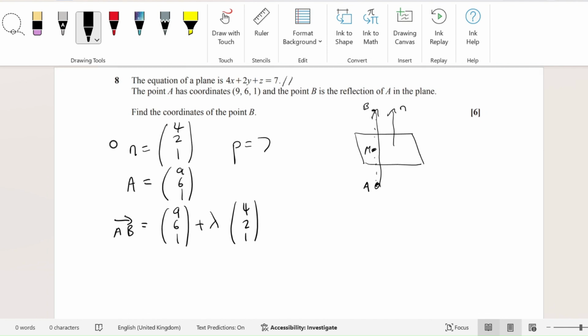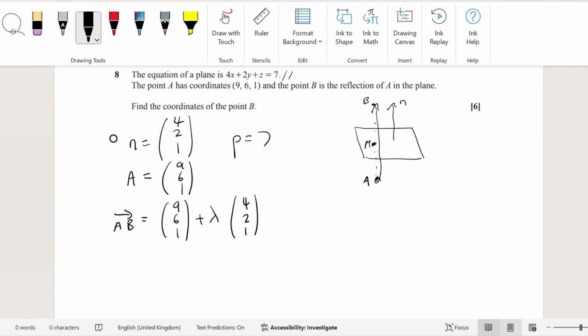If I rewrite this, AB is equal to (9 plus 4 lambda, 6 plus 2 lambda, 1 plus lambda). And now we have an x, y, and z coordinate for any point on the line AB.